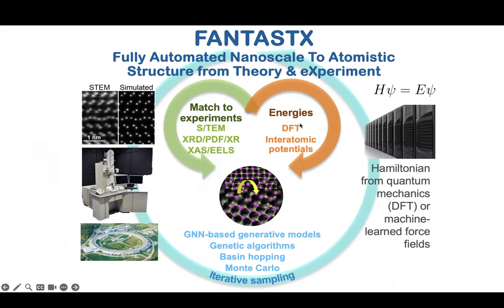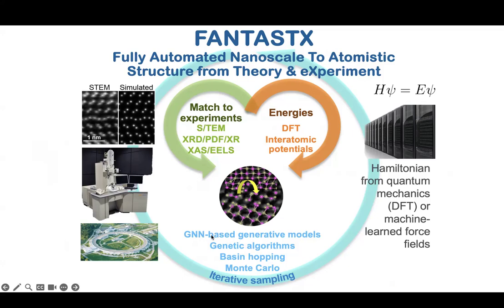But of course, those two live on this generative loop, which creates new possibilities. Computational materials scientists have been working on structure search for many, many years. Monte Carlo, genetic algorithms, and basin hopping are the more conventional structure search algorithms.